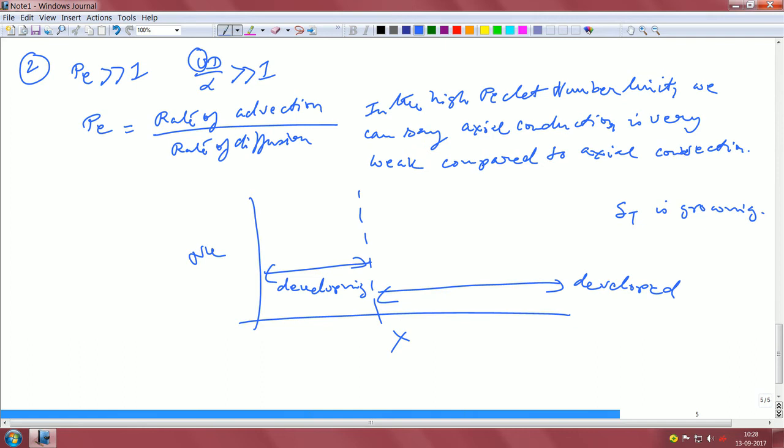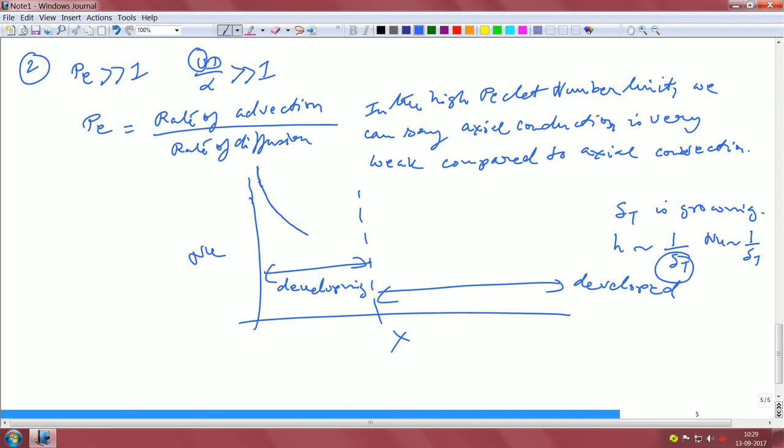So, naturally, since h is proportional to 1 over delta T, the Nusselt number is also proportional to 1 over delta T. That means the Nusselt number value is going to be very high in the developing region of the pipe. But as delta T goes on increasing, the Nusselt number value comes down.